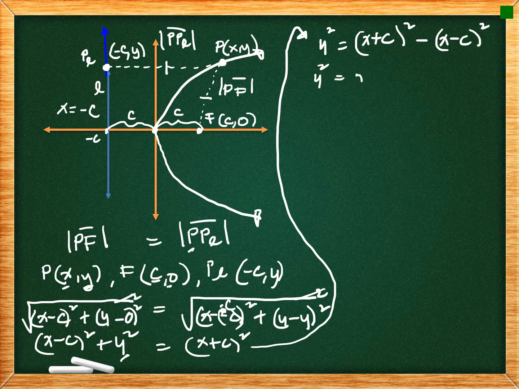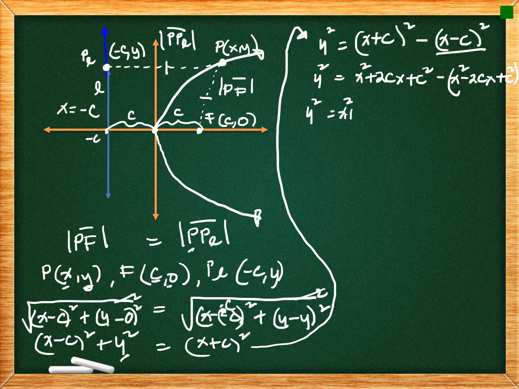Okay, so this one becomes X squared plus 2CX plus C squared minus this group here. This becomes X squared minus 2CX plus C squared. And we simplify that further.